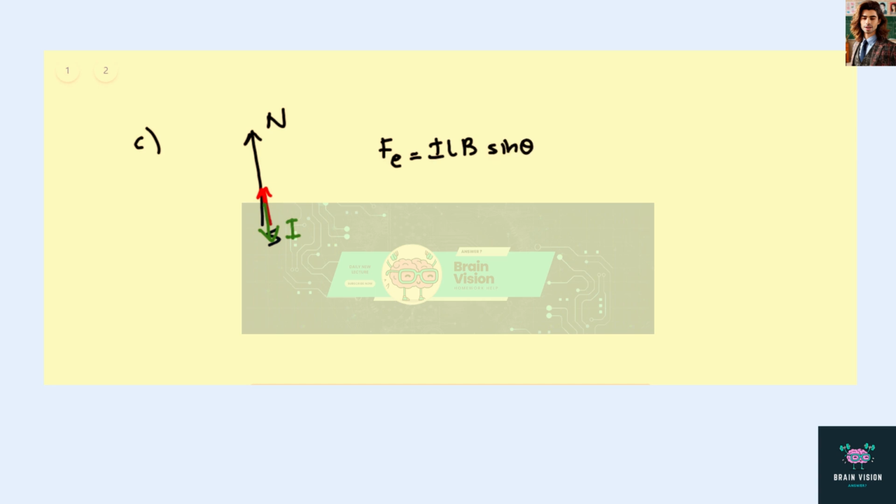When we look at the angle between I and B in this case, you can see that theta is actually 180 degrees, and sine 180 degrees is actually 0, which means the magnetic force exerted by Earth in this case is 0. So therefore, no direction to determine either.